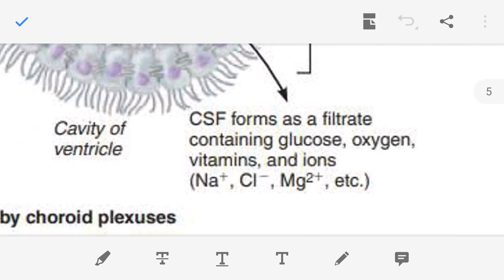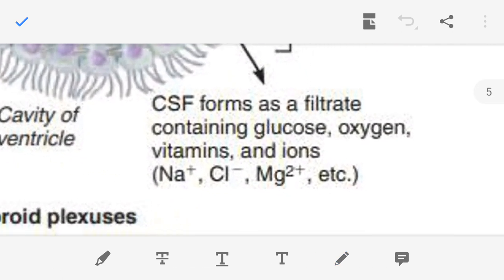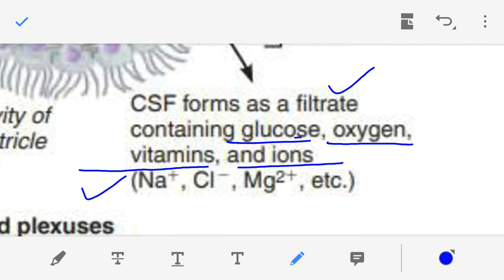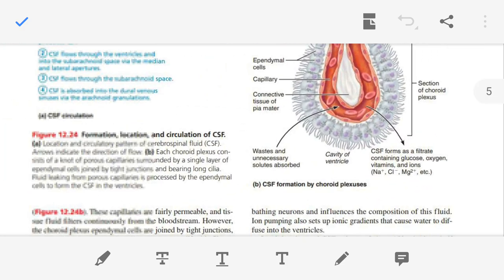CSF forms as a filtrate, and in this CSF glucose is present, oxygen is present, vitamins are present, and ions are present. For example, Na plus, Cl minus, Mg2+ are there in the CSF.